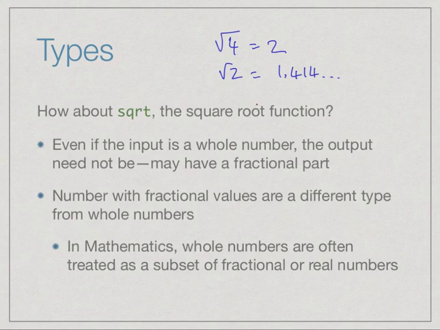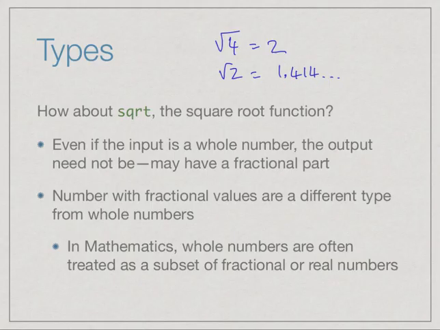So we have two different types of numbers that we deal with. We deal with whole numbers or integers, and we deal with numbers which have fractional components. The problem with fractional components is that the value after the decimal point can be arbitrarily long. It could be infinite in general. And so to precisely describe a fractional value requires an infinite amount of information.